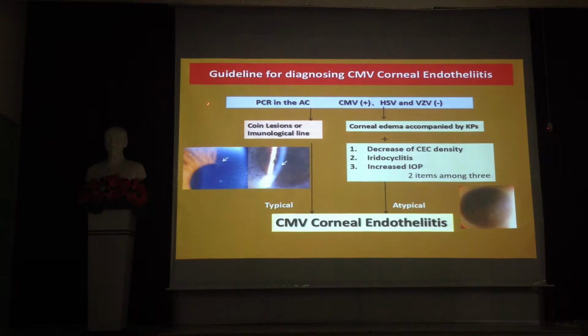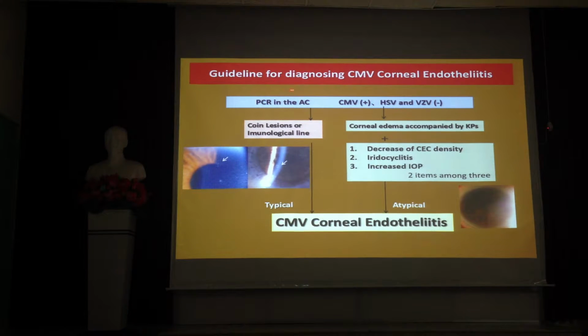And so therefore, we set up a guideline for diagnosing cytomegalovirus corneal endotheliitis. First, we have to prove cytomegalovirus DNA in the anterior chamber, and if that patient did show the coin lesion or immunological line, this is a typical cytomegalovirus corneal endotheliitis.